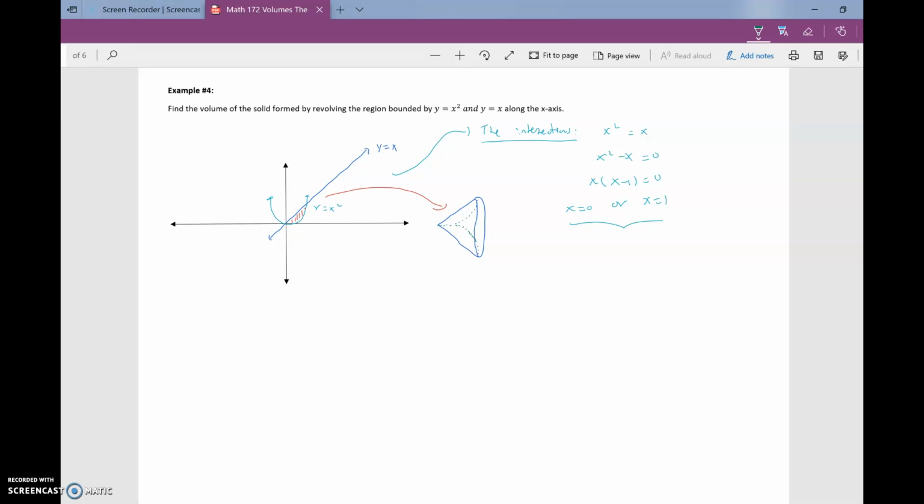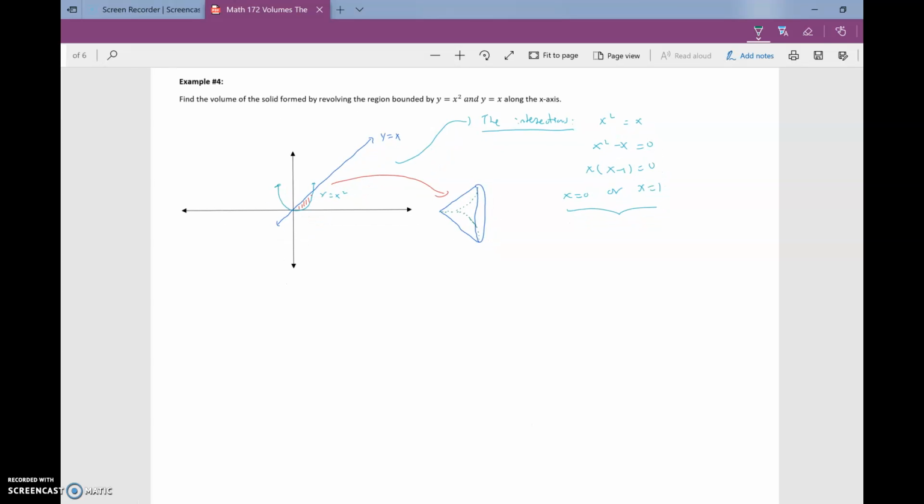But yet again, they're not asking for the sketch. So let's actually calculate the volume. So for this particular one, the volume is equal to pi integral from, well, we found that the bounds of integration are from 0 to 1. So 0 to 1, and the function that happens to be on the top is the x.